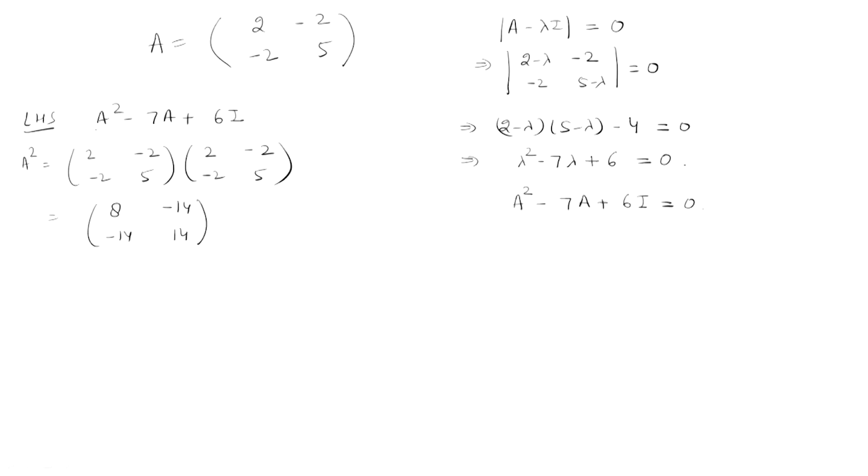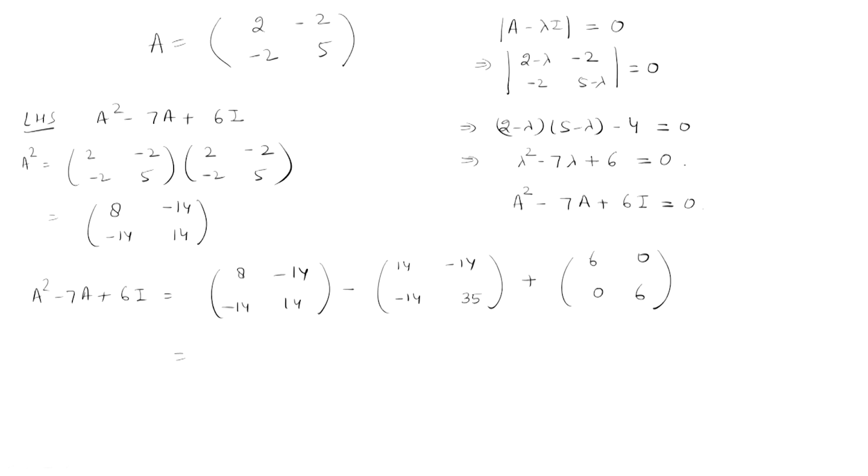Now let us try to find this expression A square minus 7A plus 6I, which is 8, minus 14, minus 14, 14, minus 7 times A. You multiply this with 7, so it will be 14, minus 14, minus 14, 7 into 5 is 35, plus 6I, that is 6, 0, 0, 6.